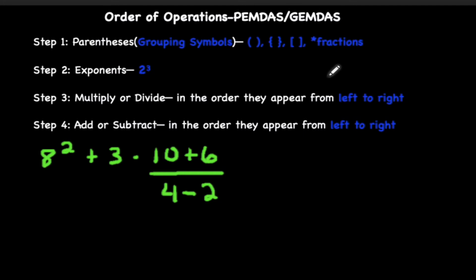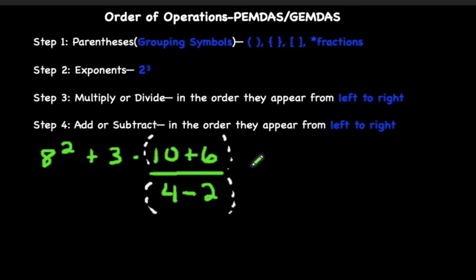The reason I included fractions is that you can look at fractions as being in parentheses. So when you come across a problem like this, I would suggest that you surround these with imaginary parentheses like this, and perform this first.